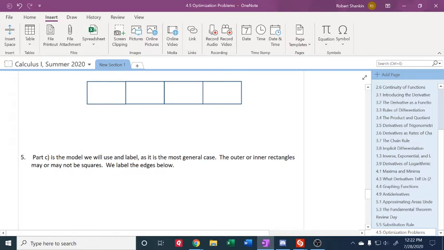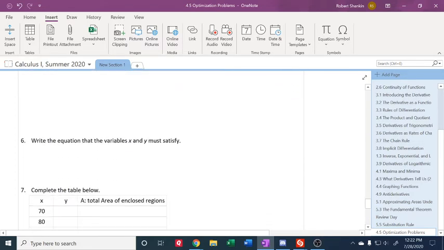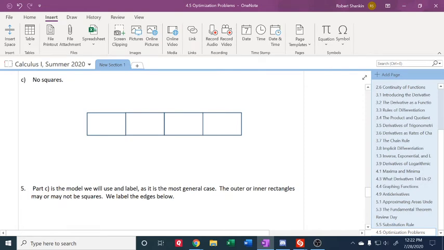The outer or inner rectangles may or may not be squares. We label the edges below. So instead of labeling it below, I'm going to come up here and label it.